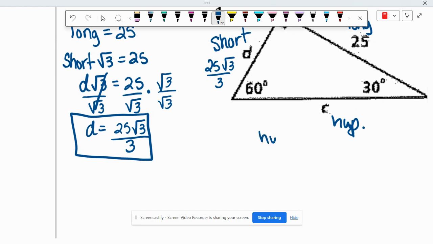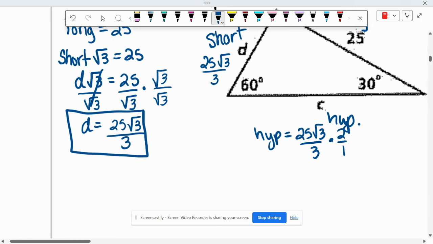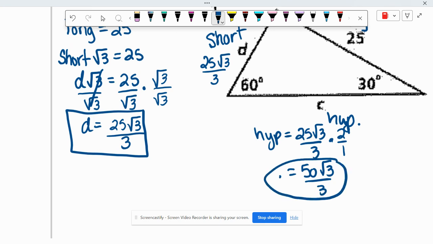So the hypotenuse equals the short leg, which is 25 root 3 over 3, times 2. So what is 25 times 2? 50 square root 3 over 3. You can't simplify that. You just have to leave that. So that's what C equals.